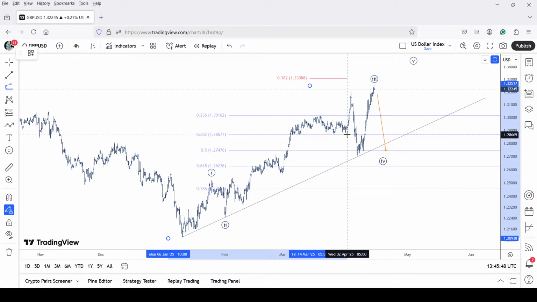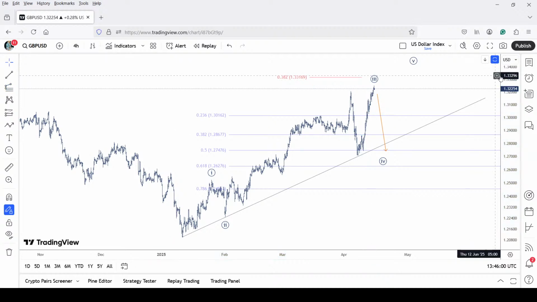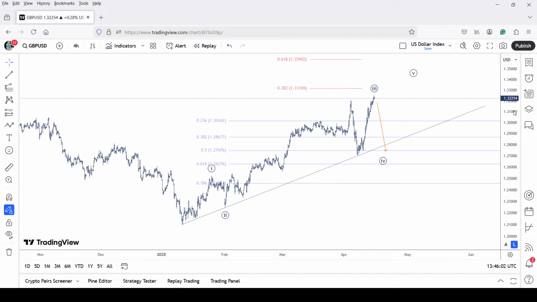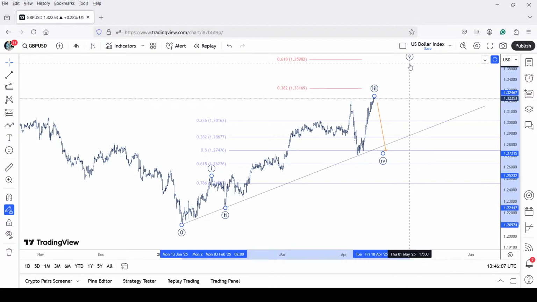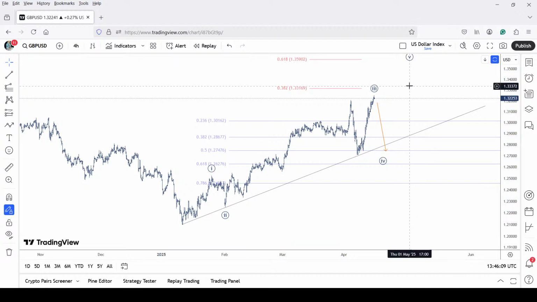You never know, it's a running flat, or it can drop towards 27.56 as well. But I'm taking a hypothetical 28.74, and the next target could be around the 1.35 at least, but not from here, ideally after a corrective decline.